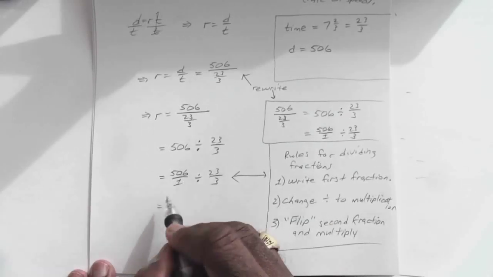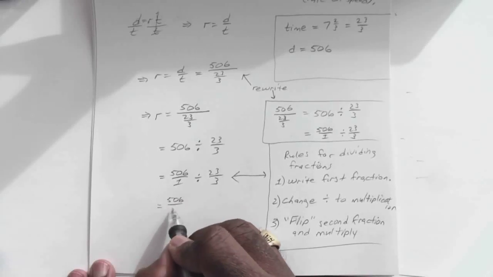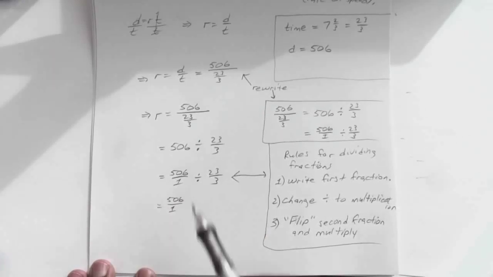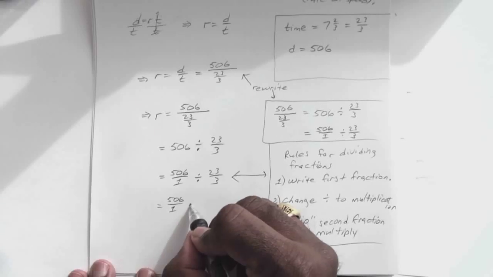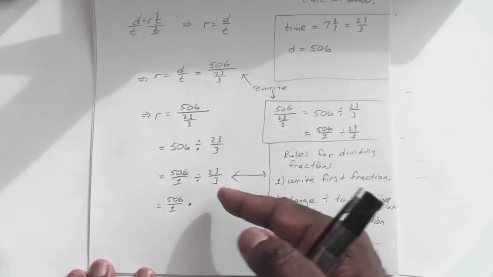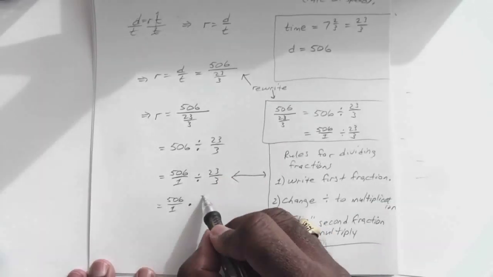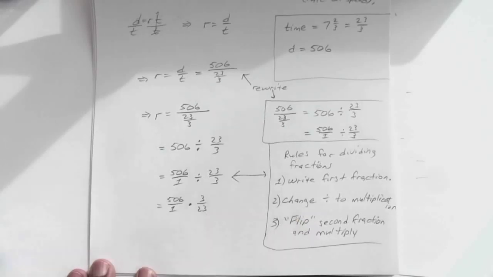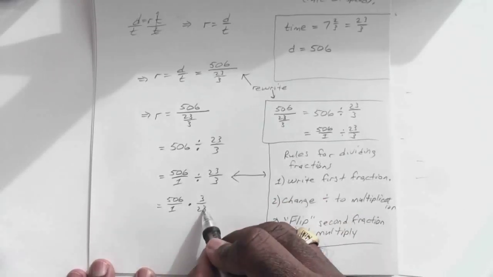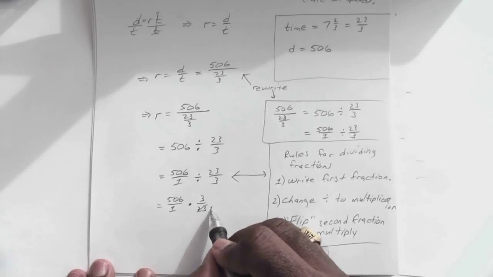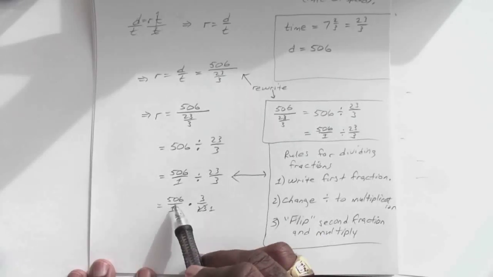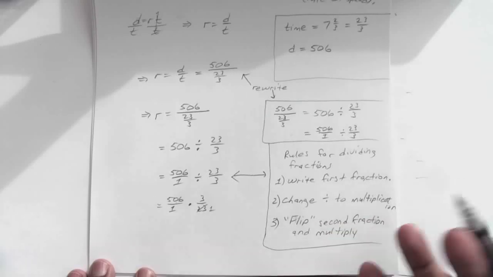Where we write down our first one, 506 over 1. Your division changes to multiplication. Now you flip the second one. So you have 3 over 23. Okay? And actually 23 and 506, they can cancel out. 23 divided by 23 is 1. 506 divided by 23 is 22.